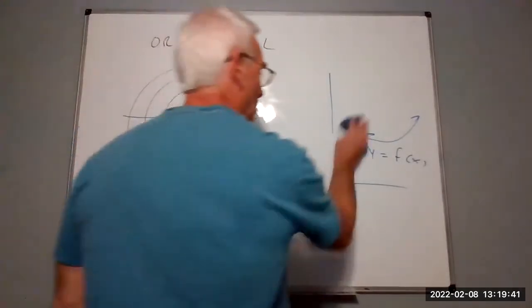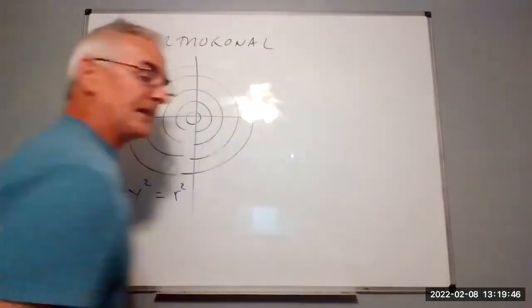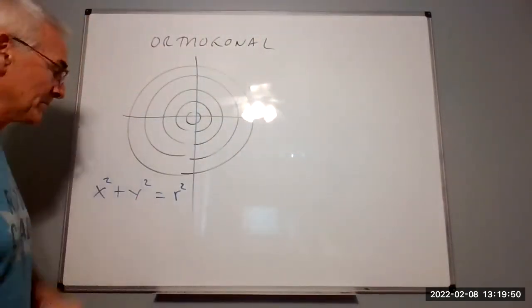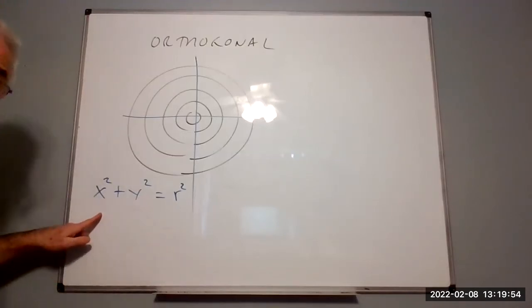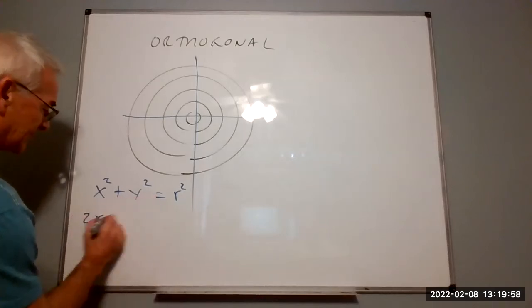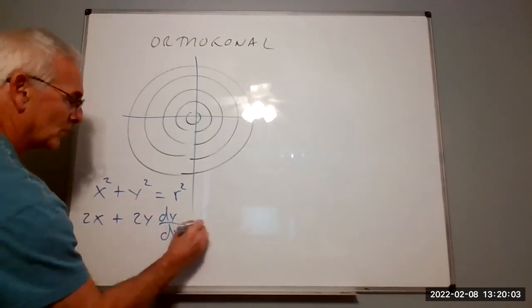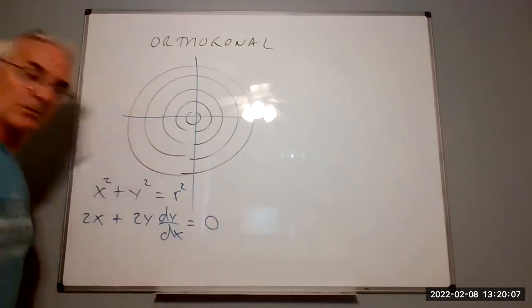Now we did that in Calc 1. The easiest way to find dy/dx is to differentiate implicitly. In fact, that's pretty much what I have to do. So if I differentiate both sides of this with respect to x, then what will I get? I'll get 2x plus 2y times dy/dx equals, the radius is a constant, so it would equal 0, would it not?